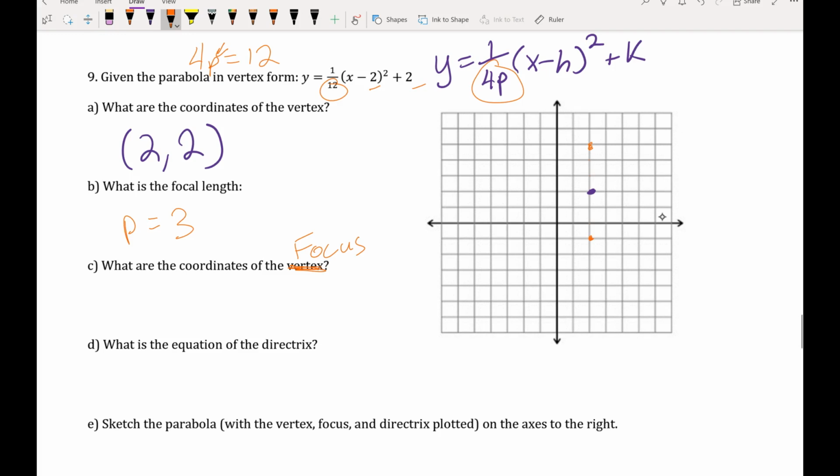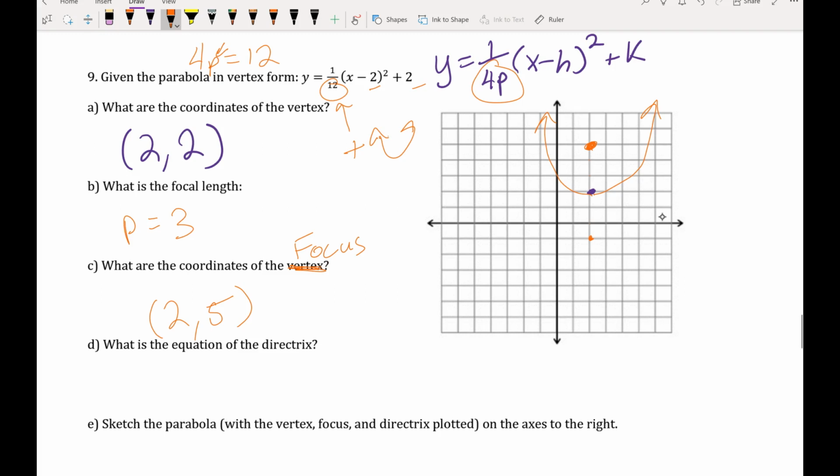Remember that the focus is always in the interior of the parabola. And I notice that my leading coefficient here is positive, so it's going to open upwards. So I know this point right up here is going to be the coordinate of my focus. So that's going to be 2, 1, 2, 3, 4, 5.